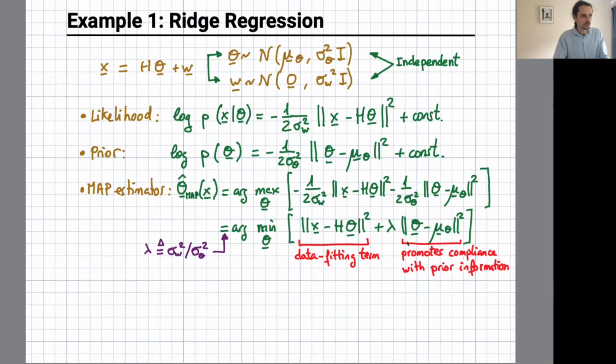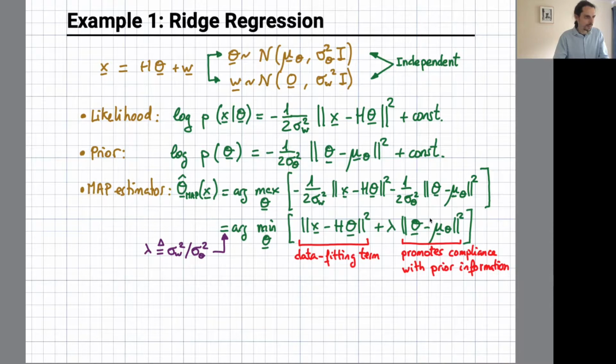And the second, the square norm here, we see that is small when the candidate theta is close to the prior mean. So this is sort of our best guess of theta if we didn't observe any data at all.